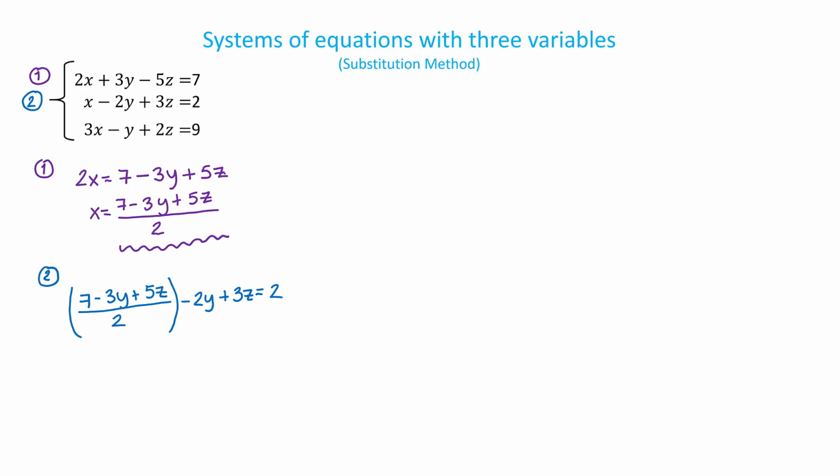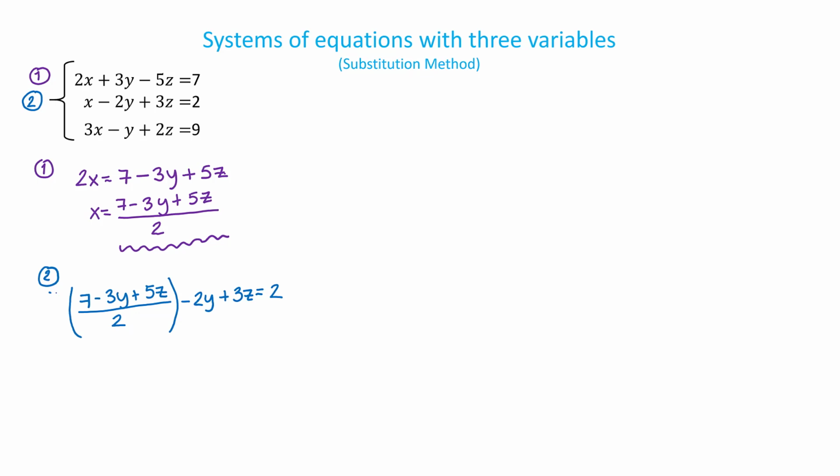Now I'm going to simplify this equation to the simplest form that I can. So the first thing that I want to do is to get rid of this denominator, this fraction. To do that, one of the easiest ways is to multiply the whole equation times the number that I have in the denominator. In this case, it's number 2.